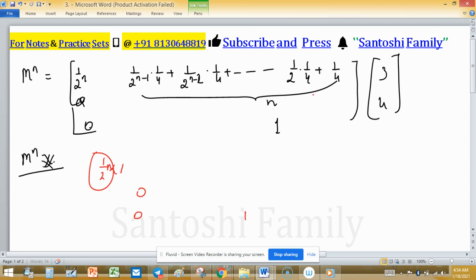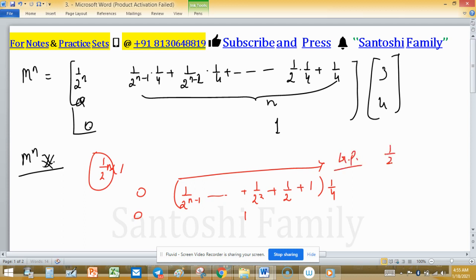Now come to this point. This is 1. Take 1 upon 4 as common. So the first element inside the bracket is 1, the second element 1 upon 2, and the third 1 upon 2 square, and so on up to 1 upon 2 raised to the power n minus 1. This in the square bracket is a geometric progression with common ratio half.